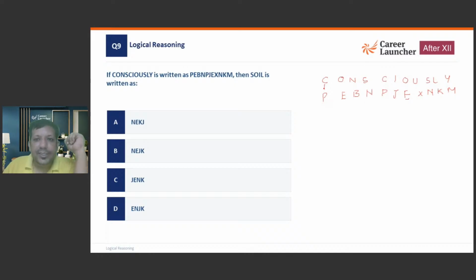If you look at C, C is always replaced by P. If you look at O, O is always replaced by E. If I look at S, S is always replaced by N. So it means a particular alphabet is replacing another alphabet.